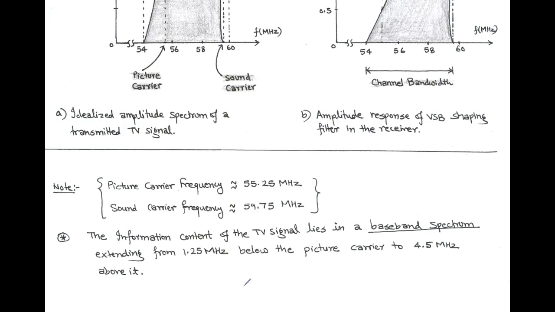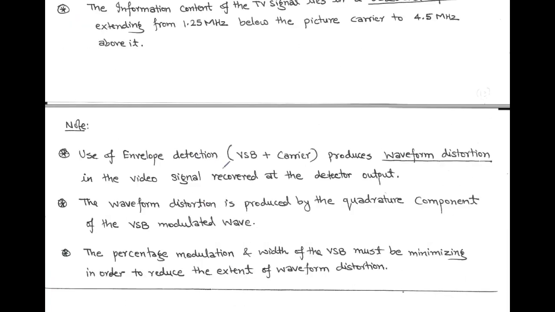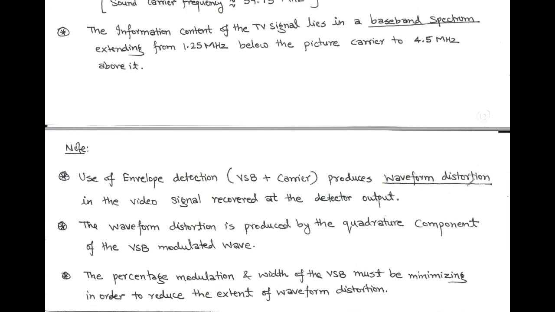Next, we note some points. For the demodulation of TV signals, envelope detection is used, having VSB and carrier as input signals, and this produces a recovered video signal at the detector output. For this, we require a specially designed VSB sideband shaping filter.